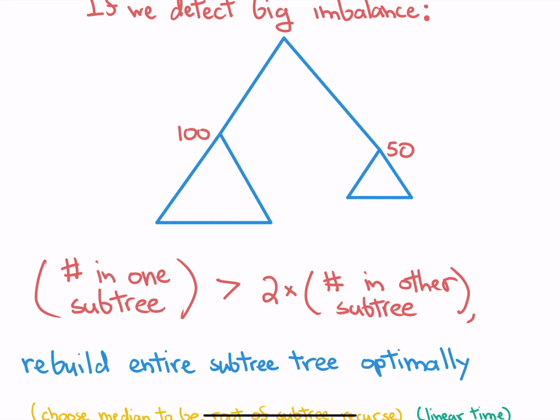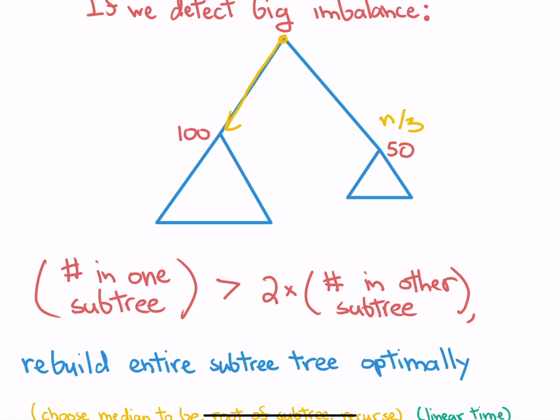So why? Let's say in the bad case here, I go to the big subtree, which is at most twice as big as the other one. So I am getting rid of roughly 1/3 of the nodes every time I go down.